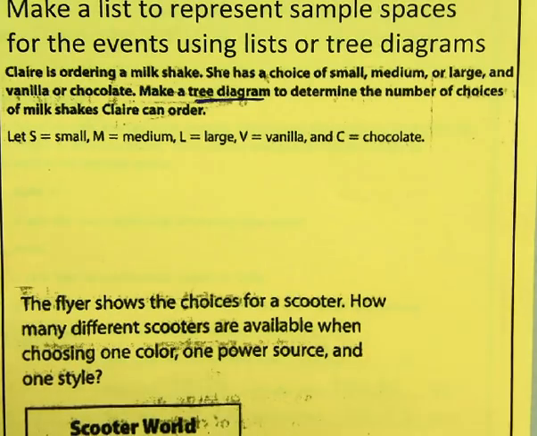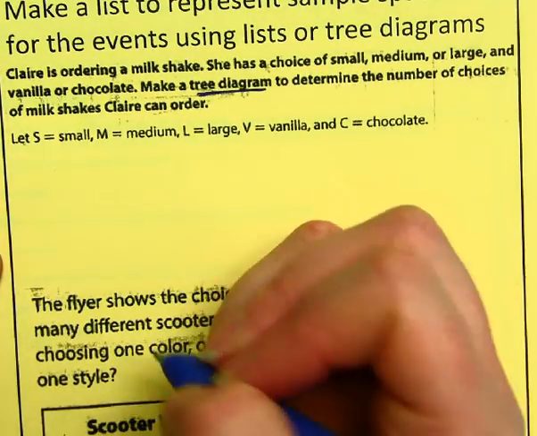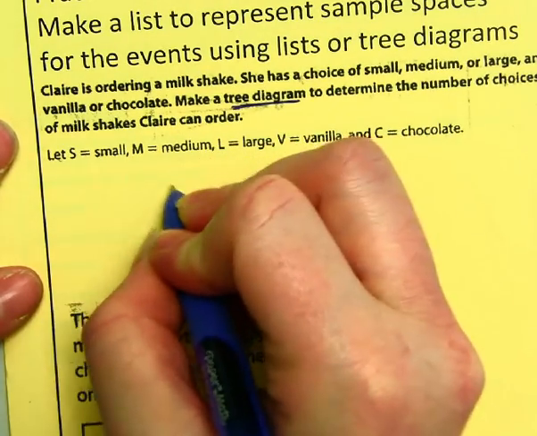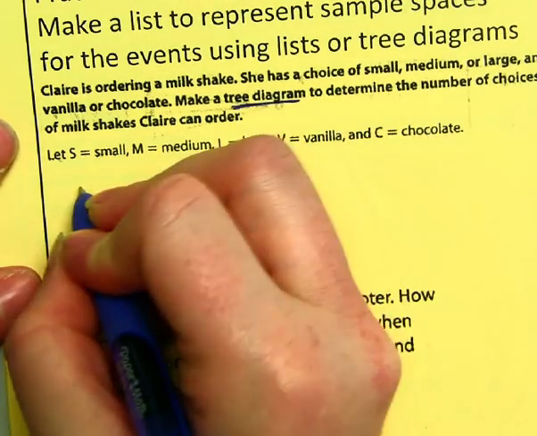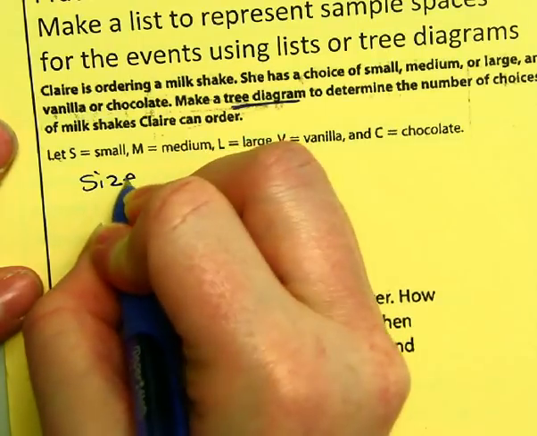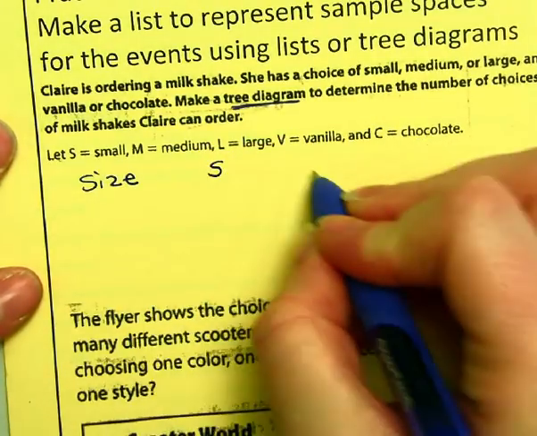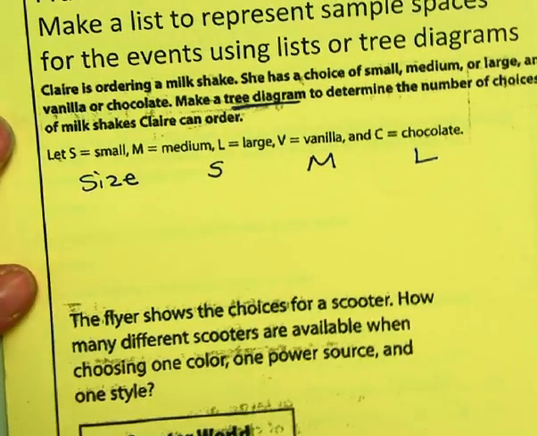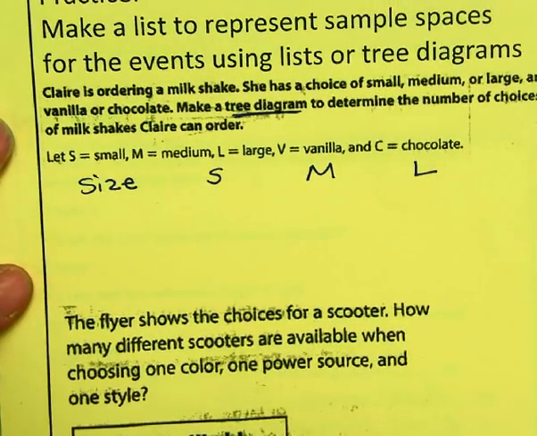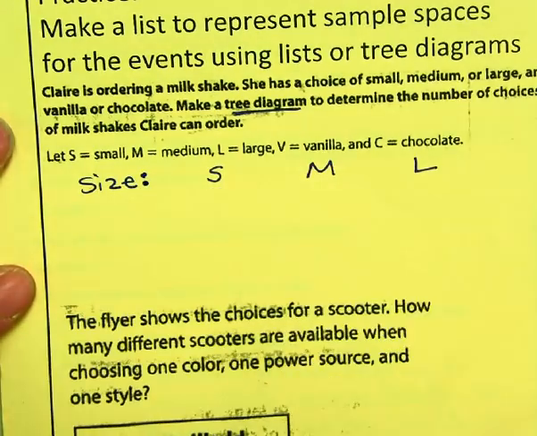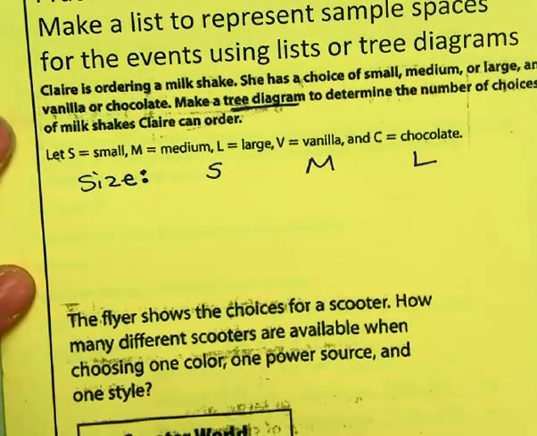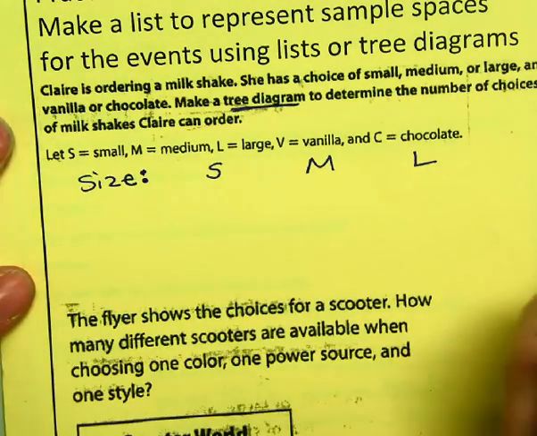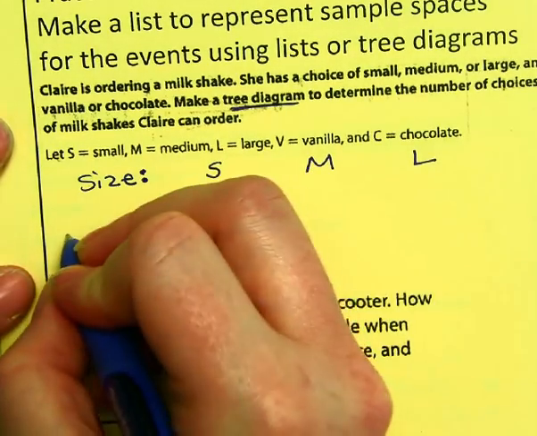So my first choice is my size. I can decide what size I want. My options are small, medium, or large. So it's kind of separated out. My next option is vanilla or chocolate, so the flavor.